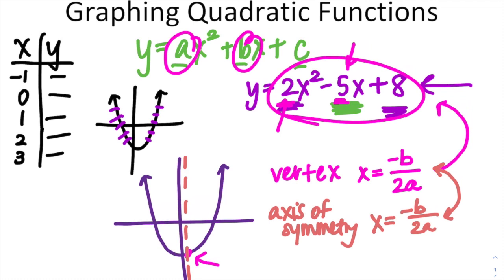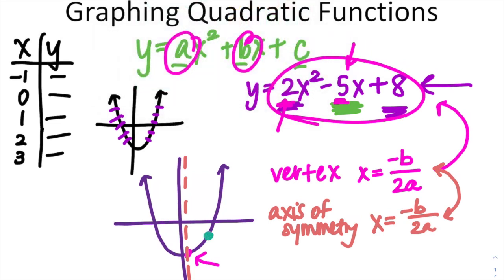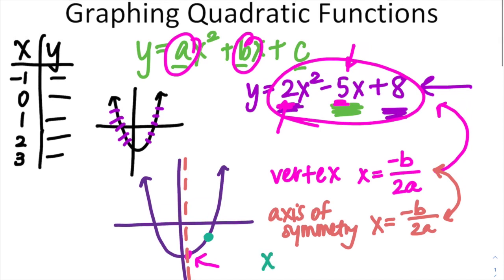Once you know where your axis of symmetry is, you're going to find a point on one side of that axis of symmetry. It doesn't matter if it's the left or the right. I typically choose the right side. So you'll have to do a little table, x, y, with only one point. I'd pick x equals 2, and then put 2 in for x and find the y that goes with it.